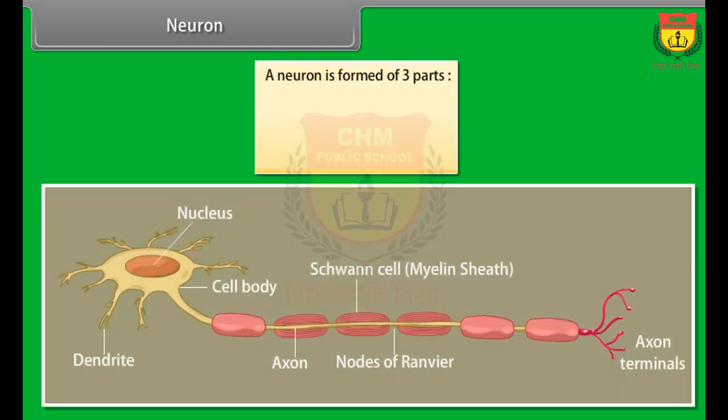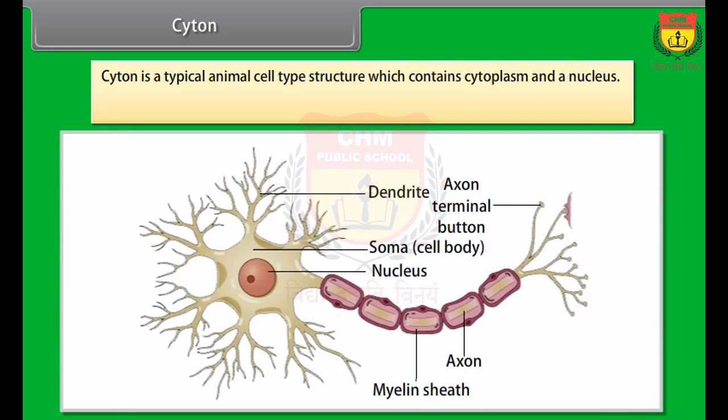A neuron is the longest cell in the human body and is about 100 cm long. A neuron is formed of 3 parts: cyton, dendrites, axon. Cyton. Cyton is a typical animal cell type structure which contains cytoplasm and a nucleus. It is spherical in shape and about 4 to 135 µm.